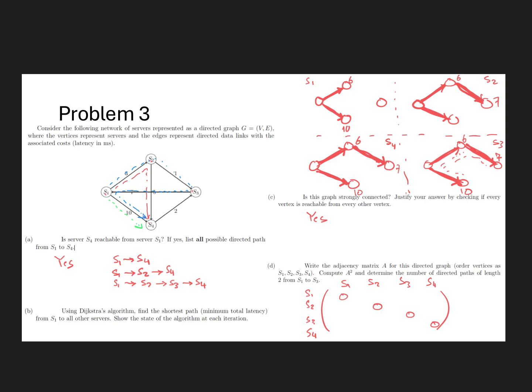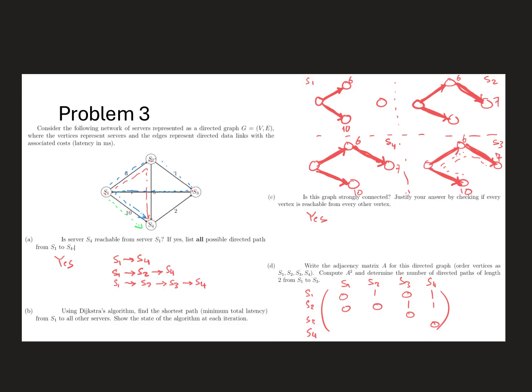And then let's start. From S1 to S2, I have an adjacency. From S1 to S3, I don't have an adjacency. From S1 to S4, I have an adjacency. From S2 to S1, I don't have an adjacency. S2 to S3, I have a 1. S2 to S4, I have a 1.